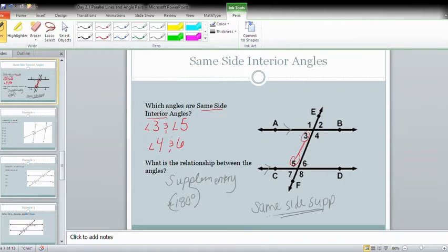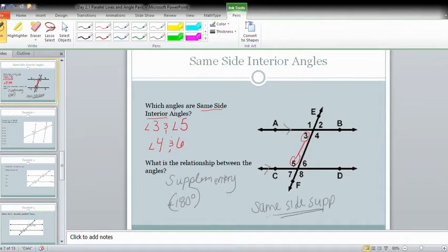So I can easily flop out 6 for 3. Well, 5 and 6 are a linear pair, which means they are supplementary. If I take 3 and put it in its place, they're also going to be supplementary. So same side interior angles are going to be supplementary if lines are parallel.